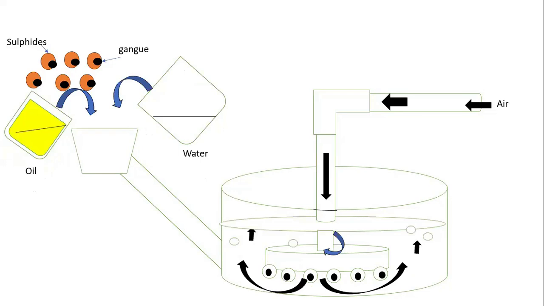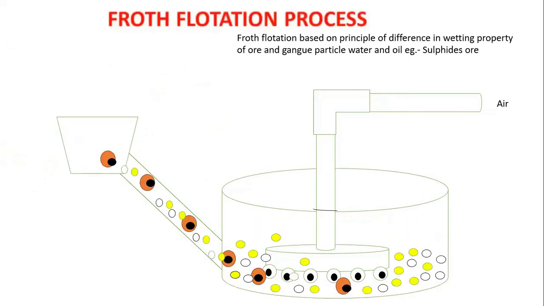Just see here. Once you add this particular material through this hopper, it moves in the downward direction and comes into the tank. So through this pipe all the materials should come into the tank.